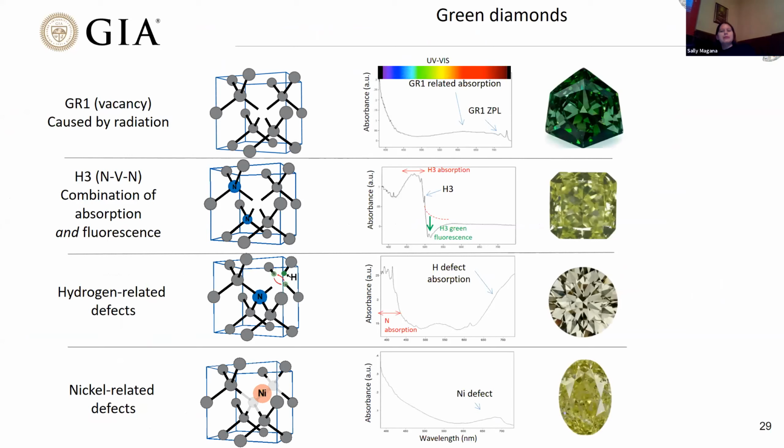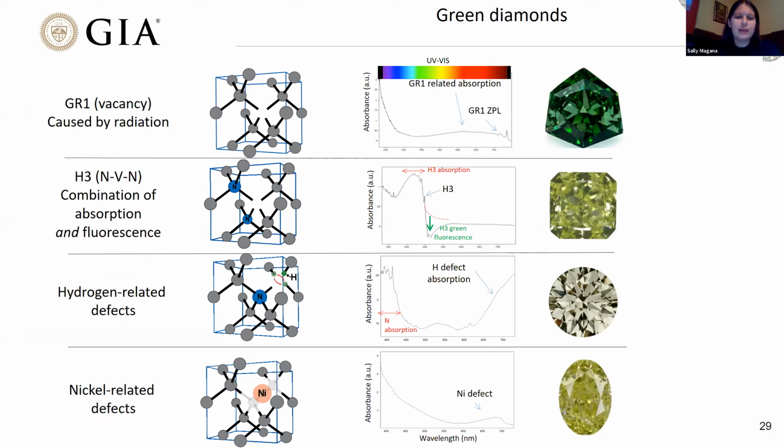I'm going to switch now to green diamonds. And when we normally think of green diamonds, we normally think of those diamonds that have been irradiated, and that the green color generally comes from irradiation. And as we go through these, you'll see that those caused by irradiation generally give the most vibrant colors, vibrant greens, and the most what we call pure greens.